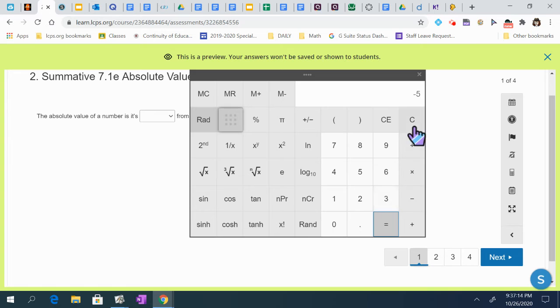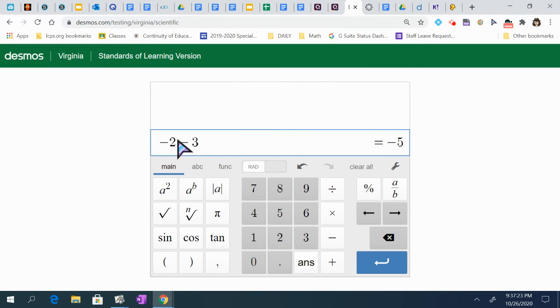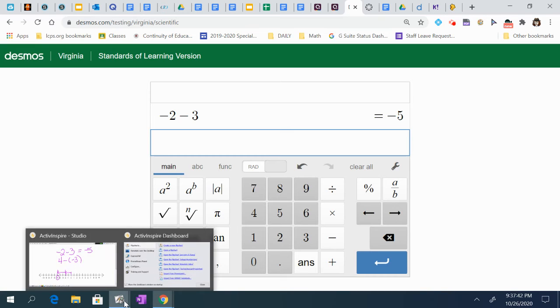And I don't have the whole thing written out, so I can't go and check my work like I can on Desmos. I can make sure that what's on my paper matches what's on the calculator here. Okay, so it's kind of helpful to see that if you have a question and you want to make sure you check your work.